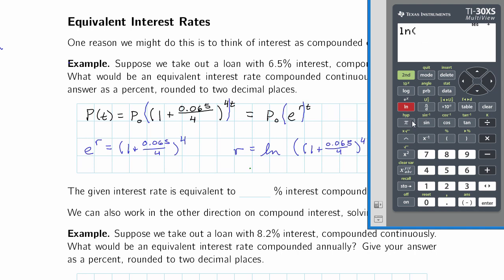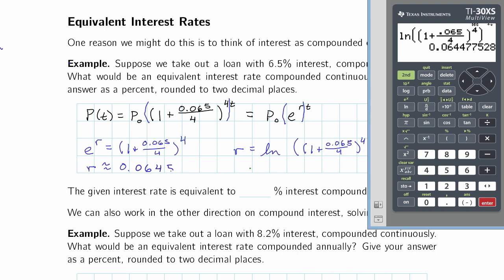So we'll have natural log of, parentheses, 1 plus 0.065 over 4, close parentheses, to the power 4, close parentheses to end the log, and we get that, okay, we want the answer as a percent rounded to 2 decimal places, so we're going to start by rounding this to 4 decimal places. r is about 0.0645, we'll round up, which is 6.45%.